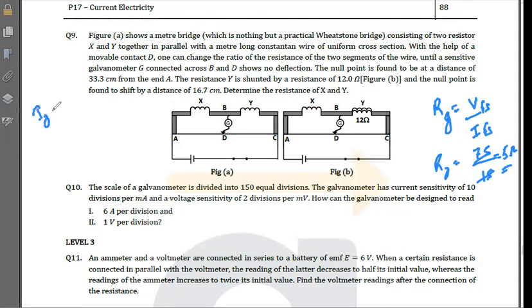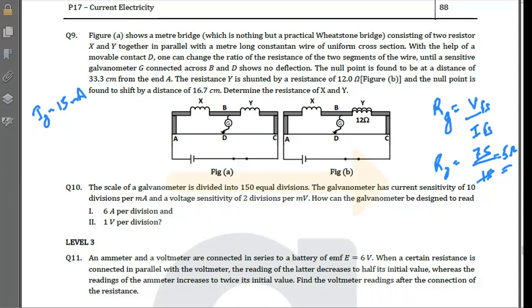IG is already given. IG हम लोगों ने already निकाल रखा है 15 milliampere. Anyone have any doubt till this point? यहाँ तक किसको दिक्कत है? मुझे IG पता है, मुझे RG पता है, that is what we need to know.